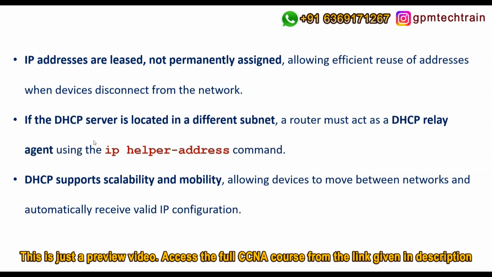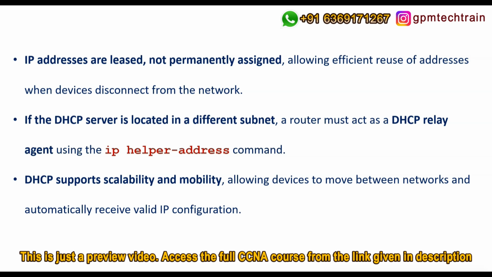This is a very important command that you need to configure on the gateway of that particular network, so that it will help to communicate from one network or VLAN to the DHCP server that is sitting on the other VLAN.